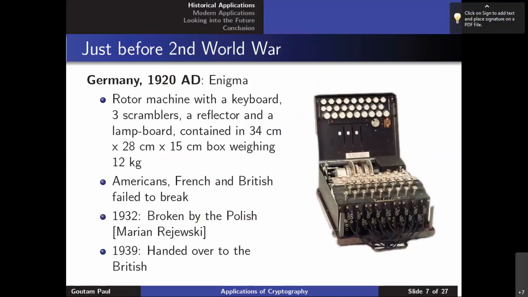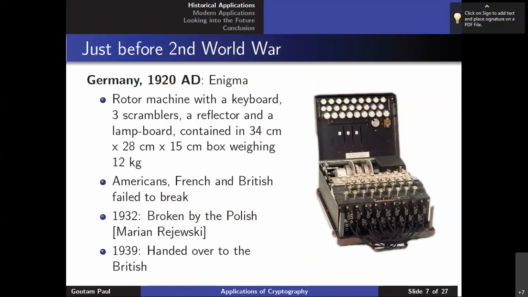Okay. Then just before the Second World War in Germany, 1920 AD, they used a cipher called Enigma. It also had a rotor machine, but also a keyboard to enter the input. It has 3 scramblers. Scrambler means that which causes permutations of the characters entered, right?